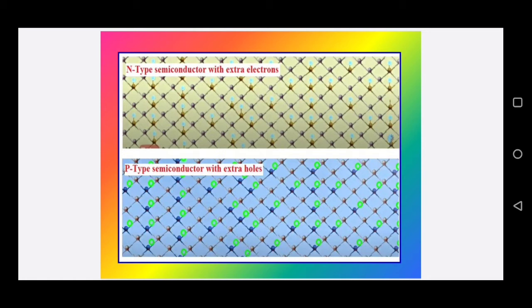This type of doping is called p-type doping. So n-type doping is having one extra electron, and p-type doping has one extra hole.